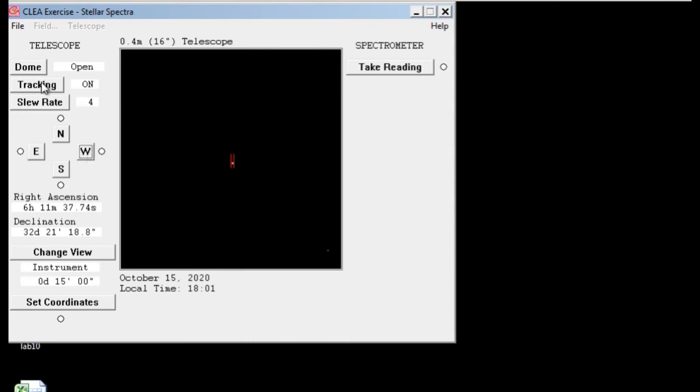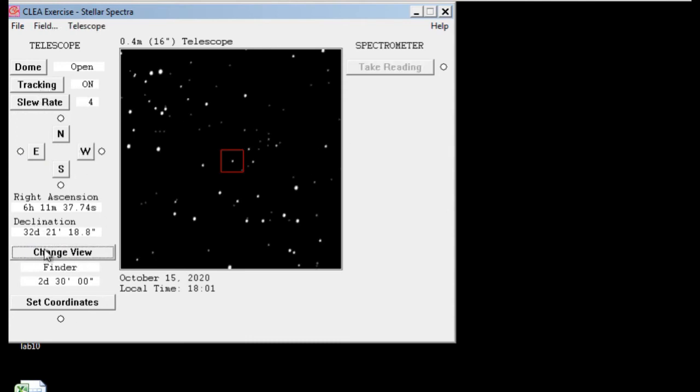And from that, we could take a reading. At least in my experience, this is a pretty realistic idea of what your user interface would be on a 0.4 meter telescope. With bigger ones, there could be more or fewer things. The only thing different from the telescopes I've worked on is that the dome is opened by a person either turning a crank or hitting a button. Everything else is pretty similar.